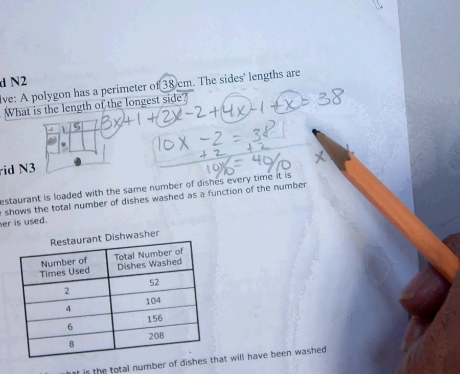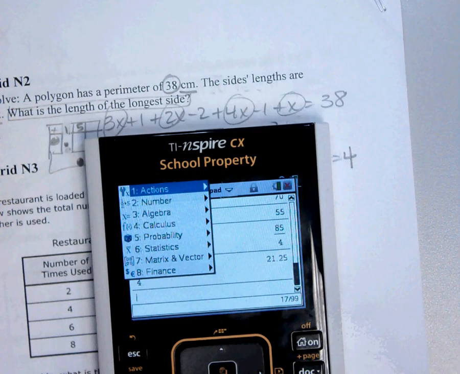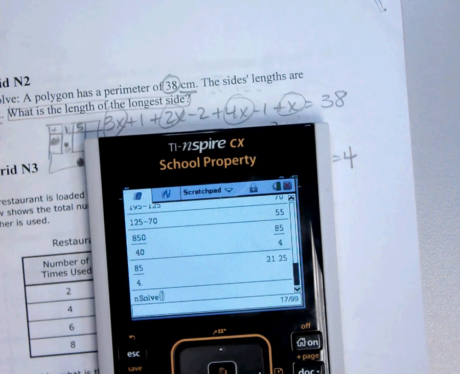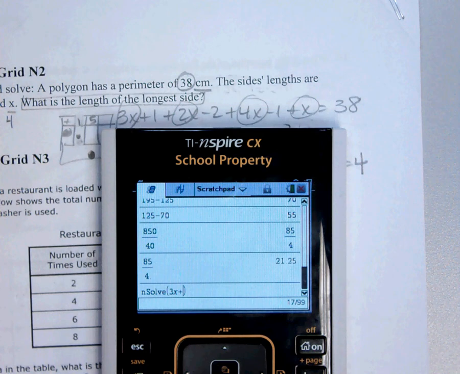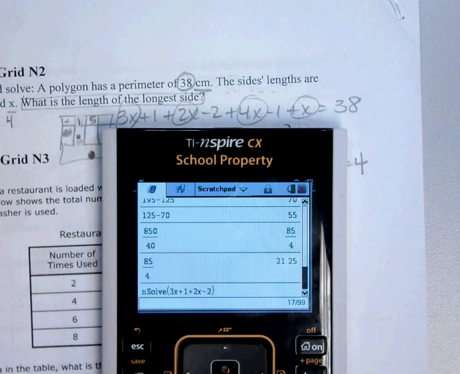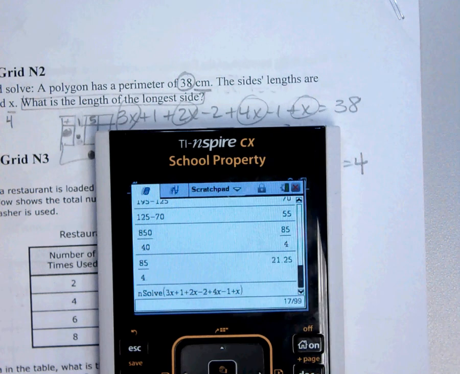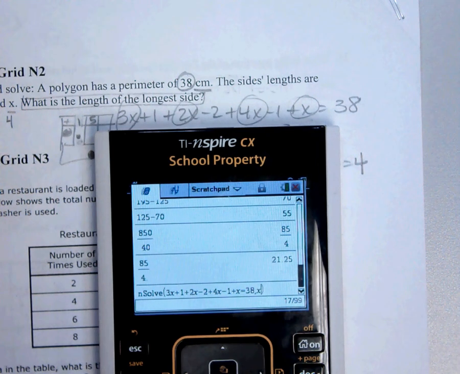Okay, so just in case this part right here you forgot, what could you do to check to see if 4 was the right answer? Did you actually get the correct x value? You could have done menu, algebra, 3-1, numerical solve, and then type in all that work. 3x plus 1 plus 2x minus 2 plus 4x minus 1 plus x equals 38, comma, x, and press enter.